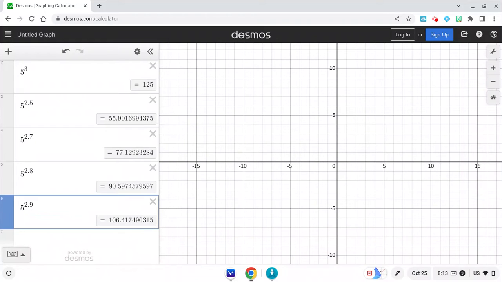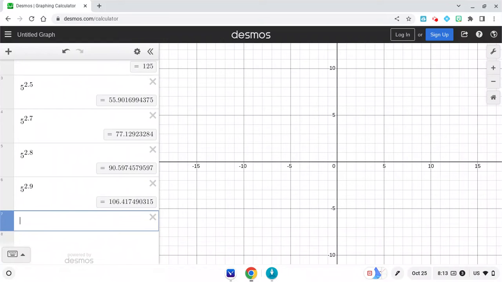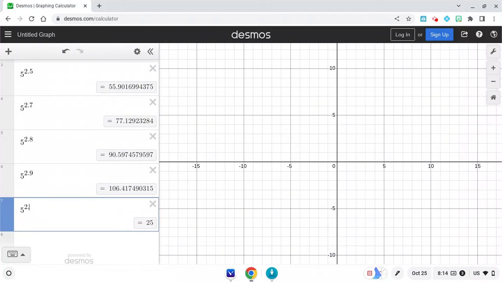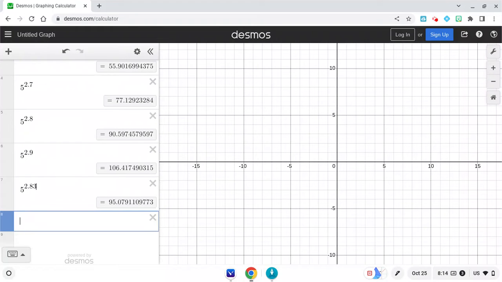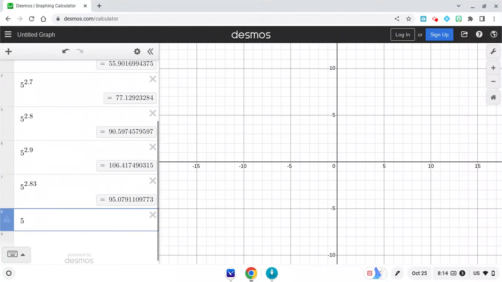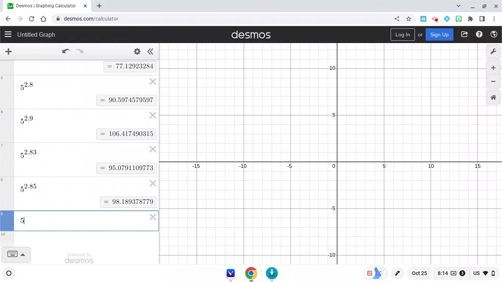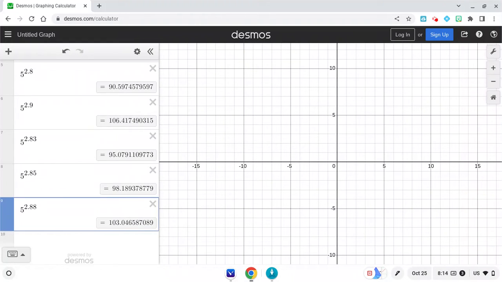So now I know even further, it's in between 2.8 and 2.9. But I could sit here, you guys, for hours. Not high enough. Not high enough. 2.88. Too high. So now I know it's in between. You can just keep narrowing it down. So that's why I just want you guys to do integers.